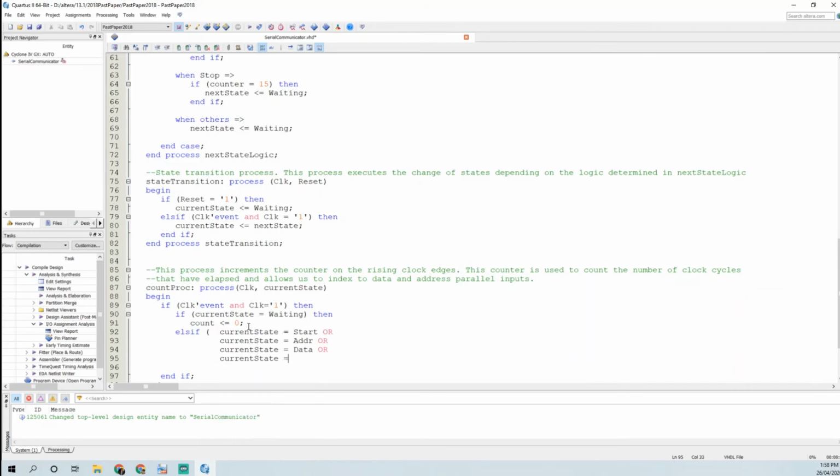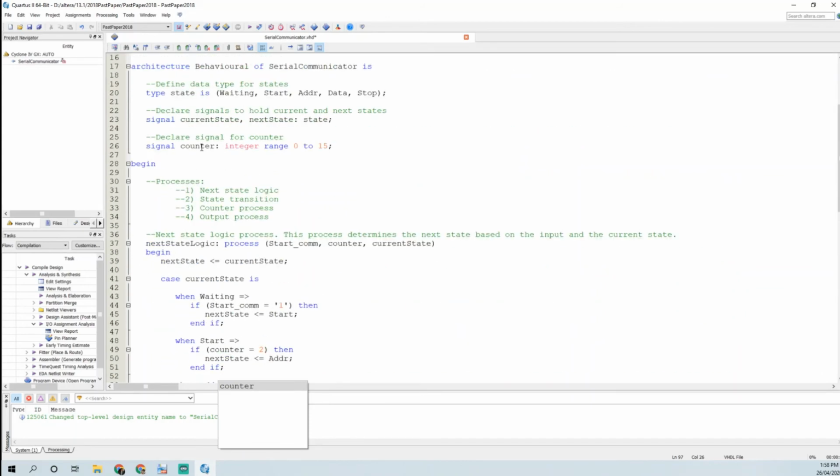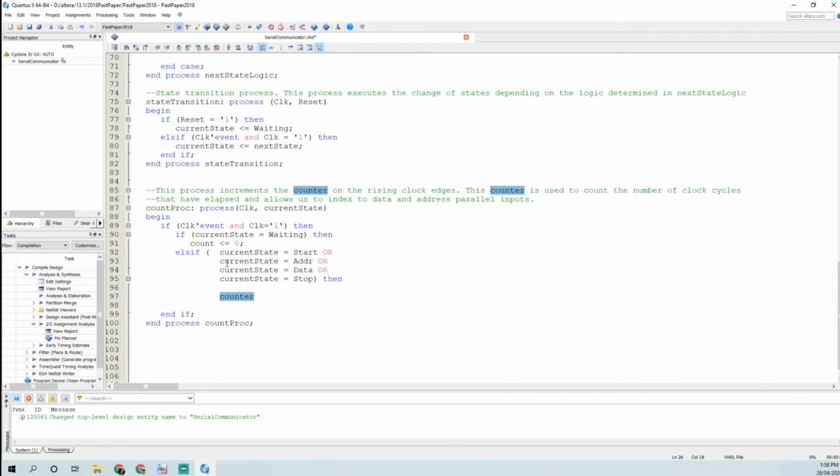Or if my current state is the stop state, right? Then, well, that's when we want the counter to increment. Is it count or counter? The name of the signal is counter. Okay, so here we want counter to be equal to 0. Counter is equal to counter plus 1. All right, and that takes care of this counter process here.